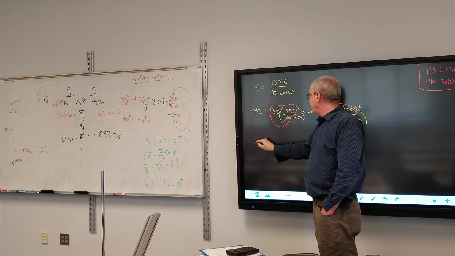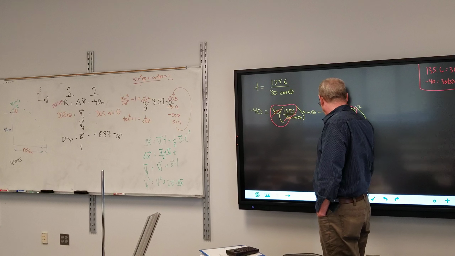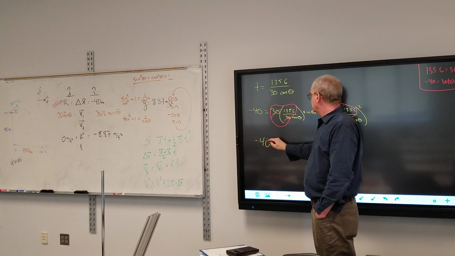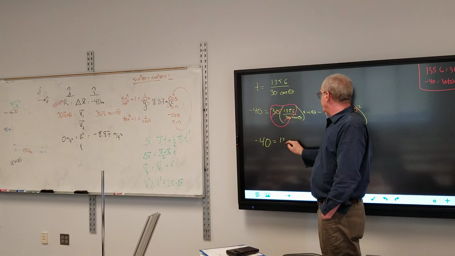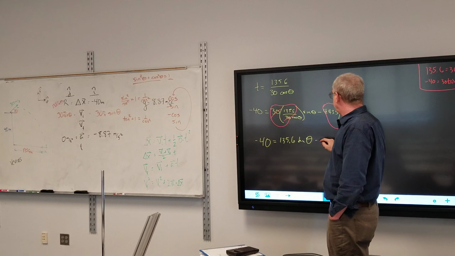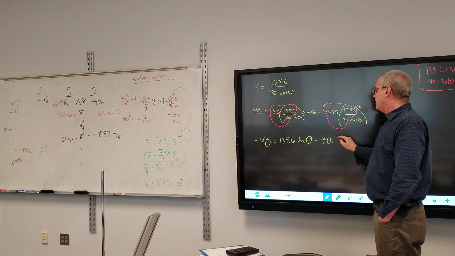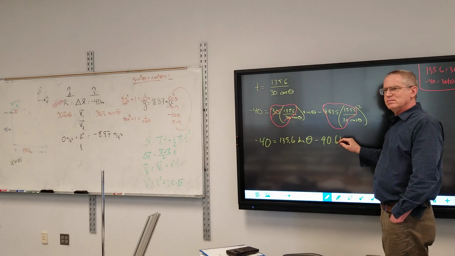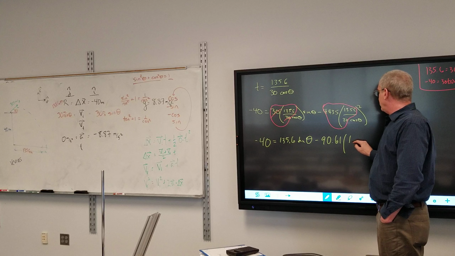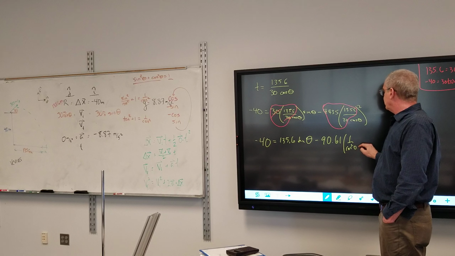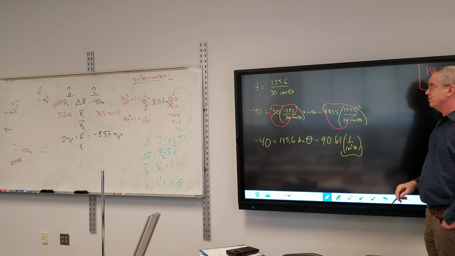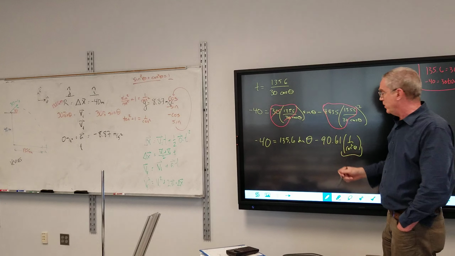So we end up with negative 40 is equal to 135.6 tangent of theta minus 90.61. Is it 90.61? Yeah. Times 1 over cosine squared theta. This, by the trig identity over there, is just 1 plus tangent squared.